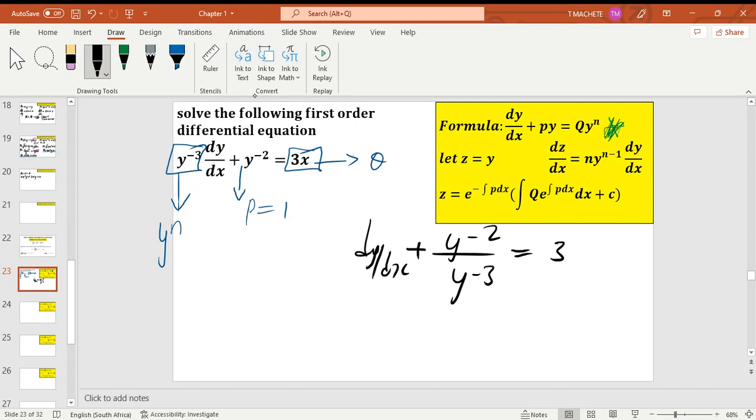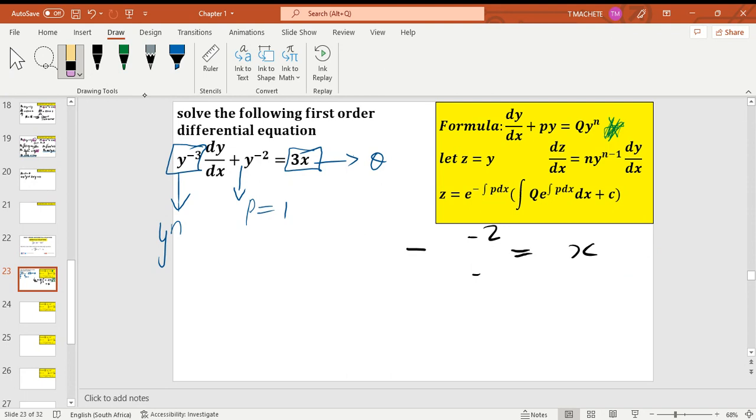It was like this originally: 3x y to the power 3. That's why I'm saying this one is your n. So they divided everything by y to the power n, because you need an equation that has got q on that side.